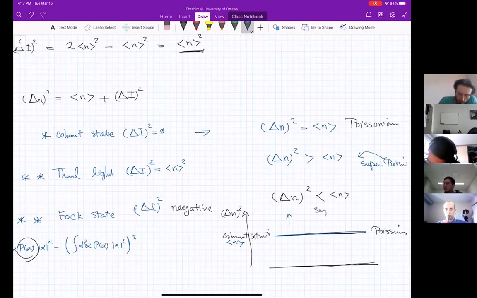The other region is where your variance is below the coherent state, and we call that sub-Poissonian, and it goes here.